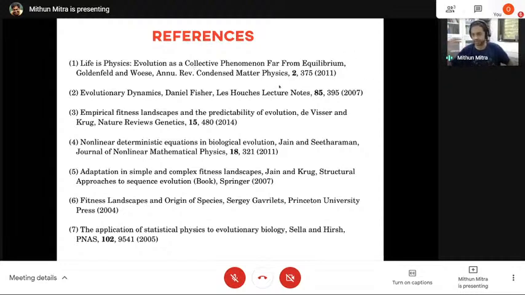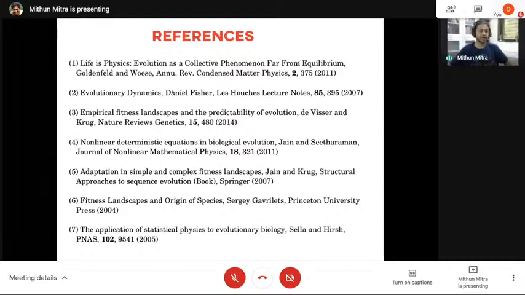It's a hypothetical paper, so it posits this hypothesis: can we think of evolution as a non-equilibrium collective phenomenon? There's no yes or no answer to this question. This is an open question in some sense, but this is what the authors feel. If you want to get a perspective on in what sense you can consider evolution as a collective phenomenon, this is a very nice paper to read.